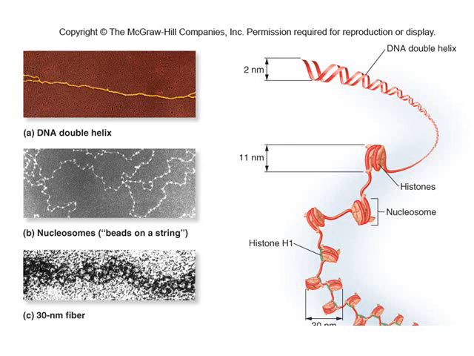So to review, we have our DNA double helix up at the top. That DNA gets wrapped around histone proteins to form nucleosomes. And if you look at the image from a microscope on the left-hand side, it looks like beads on a string. Each of those beads is a nucleosome, and the DNA is the string part of it. Those nucleosomes zigzag back and forth to form our 30 nanometer fiber, which is 30 nanometers wide.